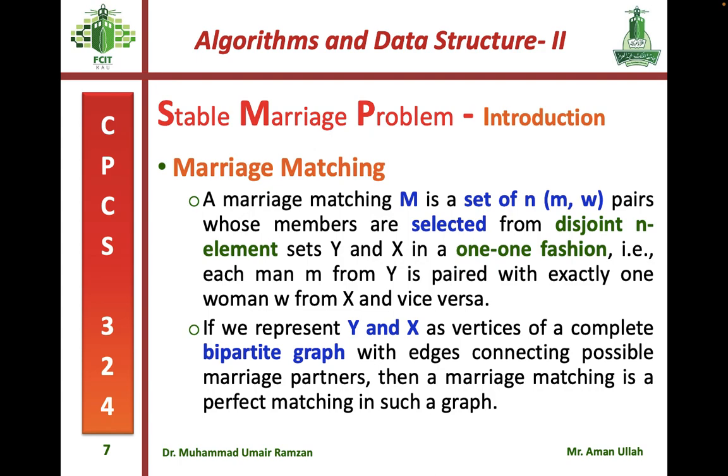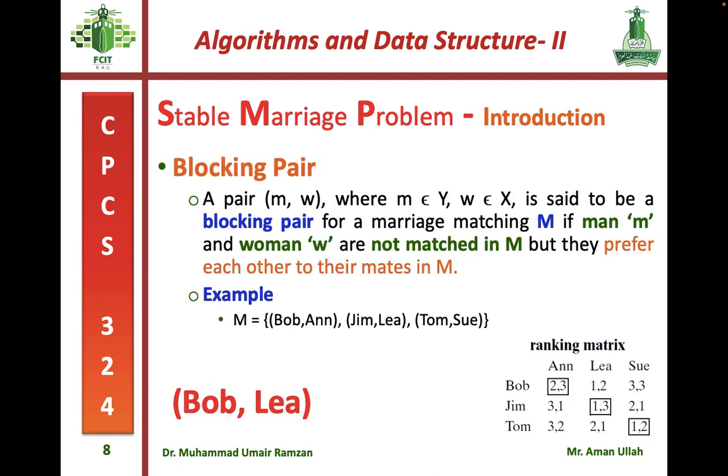A marriage matching, denoted by capital M, is a set of men and women pairs. There is a term called blocking pair. A blocking pair for a marriage matching is a man and woman who are not matched in set M, but they prefer each other to their mates in the set.